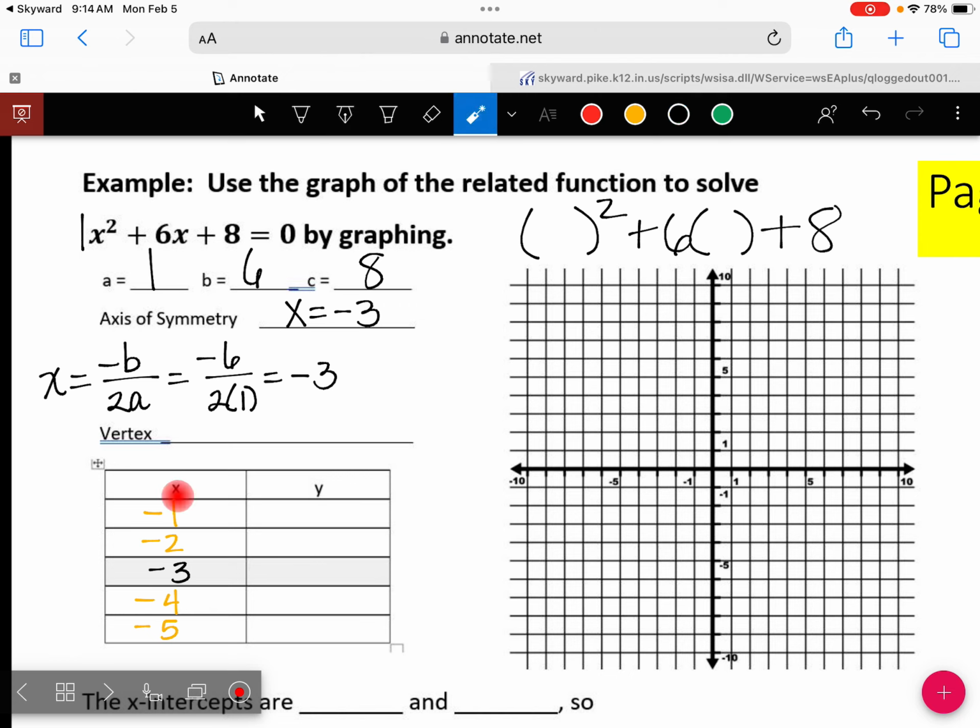Start off with -1. Whatever you get for -1, you should get the same thing for -5 because it's symmetrical. So you're going to take these 5 numbers and put them into this equation. Everybody do that. Pick up your calculators and start getting your 5 y values.